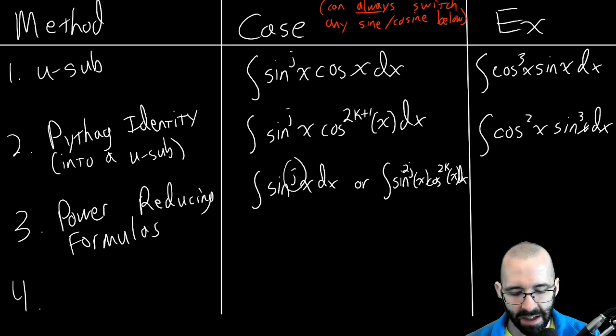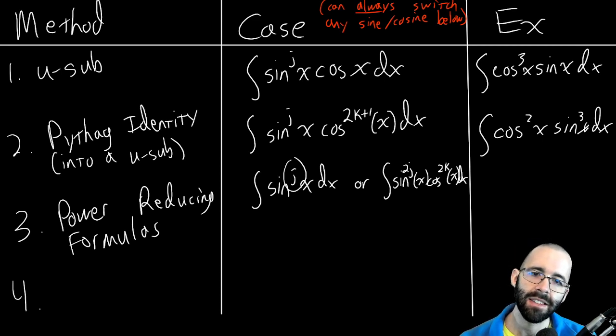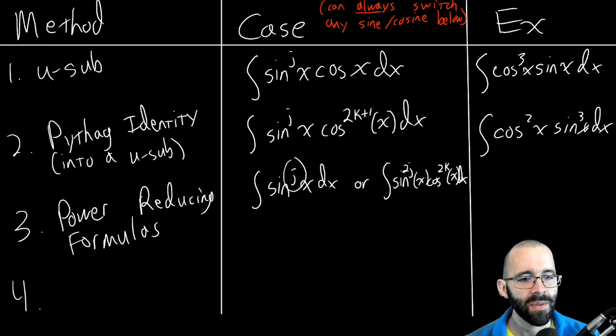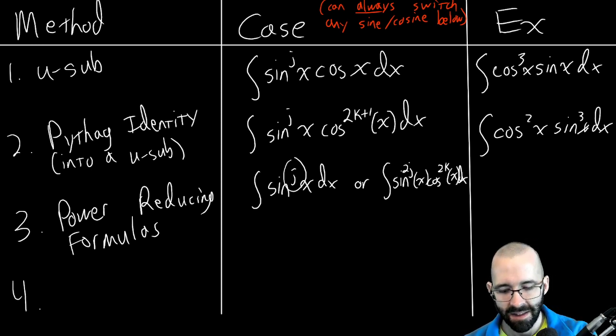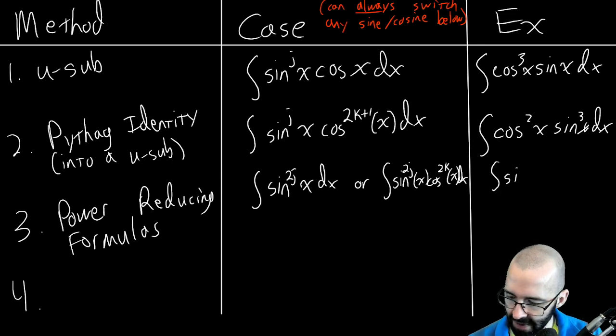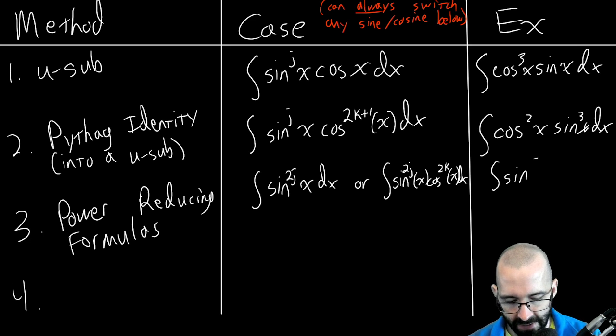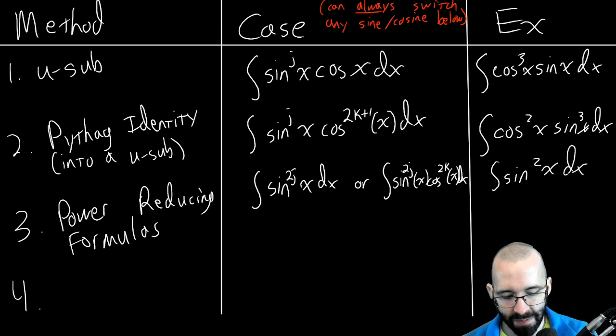Wait, does this one need to be even? I think it probably does. Because if this is odd, we get sine cubed, for example. You can use the other method. So let's make this even too. And as an example is literally, oh no, not what we're doing. Sine squared. Great, what we're doing.